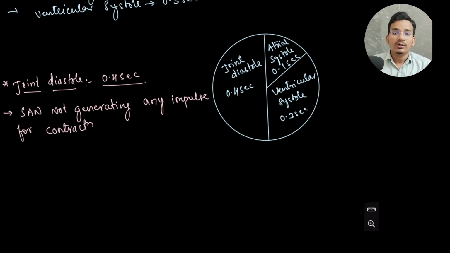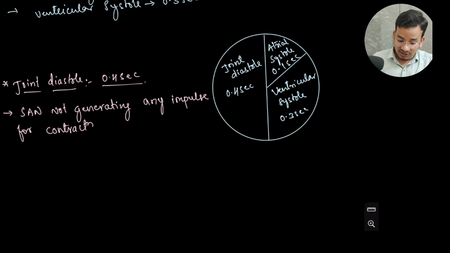In the conduction of the heart, I have explained how the SAN generates an impulse and how the impulse travels throughout the musculature of the heart. In joint diastole, the SAN is not generating any signals for contraction, so the heart is not contracting and all chambers are in a relaxed state.